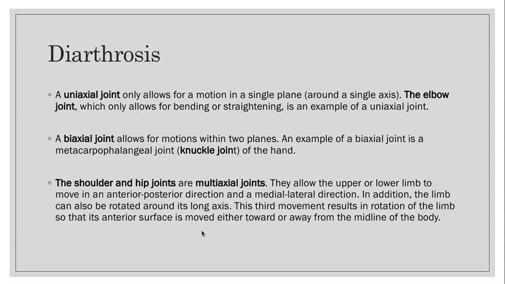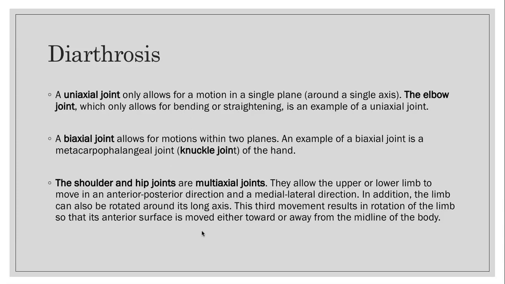So that's two planes. And then if we look at something like the shoulder and the hip joints, we call those multiaxial joints. They allow the upper or lower limb to move in an anterior posterior direction and a medial lateral direction. So those are two. And then the third plane is the addition of being able to rotate the limb on its long axis. So think about moving your leg: you can slightly move it away from the midline of your body and move it back.